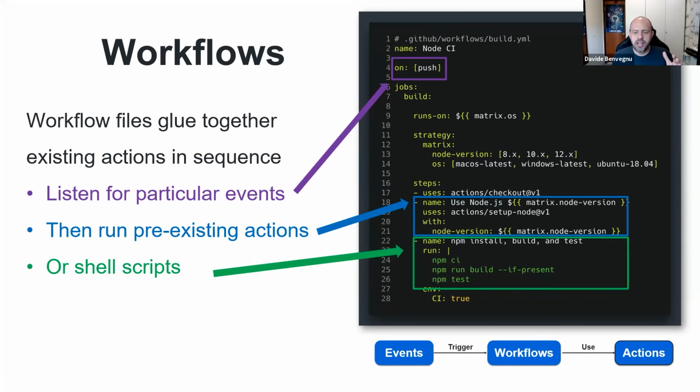That can be like the blue one, some pre-existing actions, meaning that there is this action that someone built, and you can use all the parameters of that action to do whatever operation that action does, or you can use shell scripts directly, and that of course depends on the OS you're running on. If you're running on Linux, it will be Bash. On Windows, it will be batch, the command line, or PowerShell, and so on and so forth.